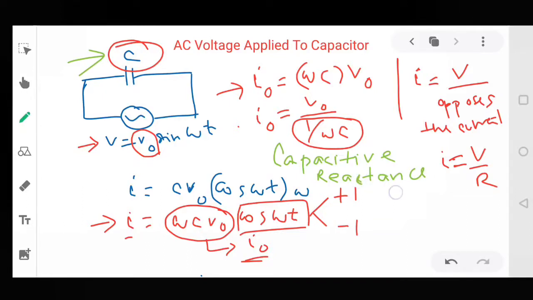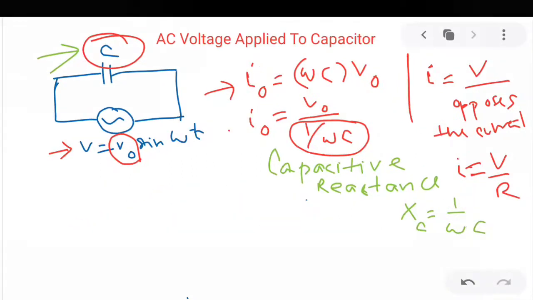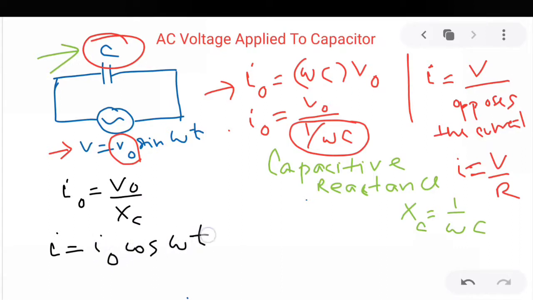Now it is denoted by the symbol X subscript C. So X_C is equal to 1 by ωC. Okay. So we have I₀ is equal to V₀ by X_C. Okay. And I is equal to I₀ cos ωt.